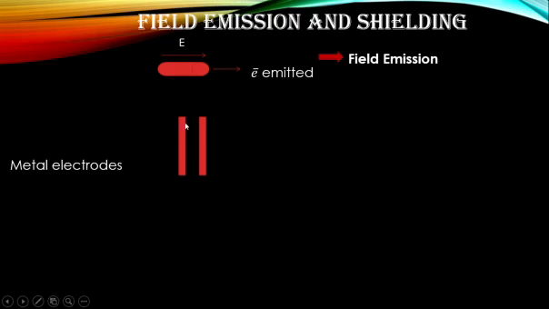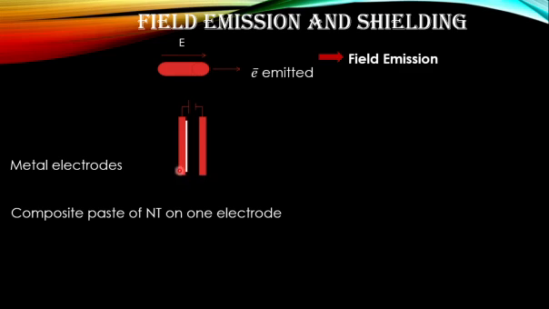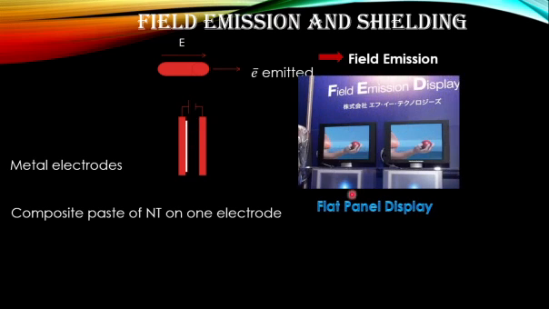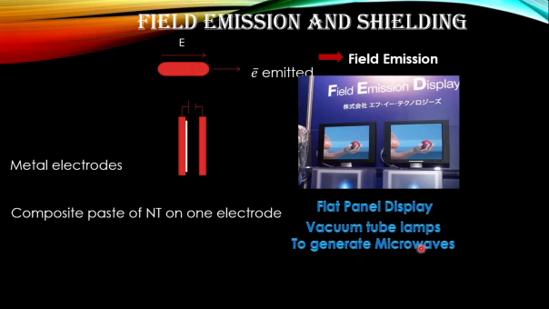Like if you have two metal electrodes and a nano composite, a paste of carbon nanotube, is pasted onto one electrode, and we apply a potential or electric field. That will cause the emission of electrons from the nanotubes, and this principle is used in the construction of flat panel displays and also in vacuum tube labs to generate microwaves.